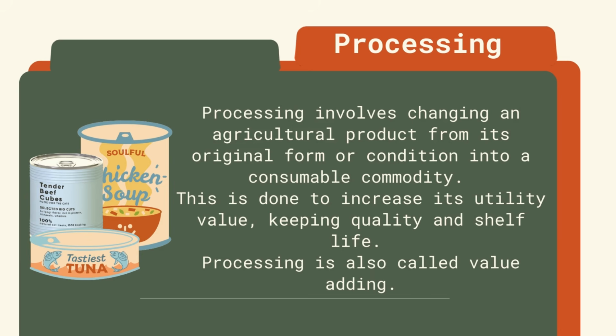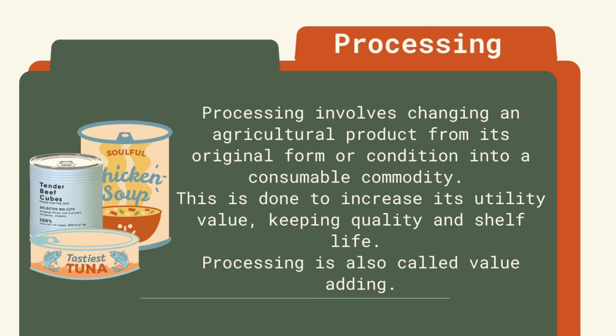Now, there are 2 forms of processing. So when we process a product, we do this either to increase its utility value or to keep the quality and also increase the shelf life, right? So there are 2 forms of processing. These are called indigenous processing as well as agro-processing.